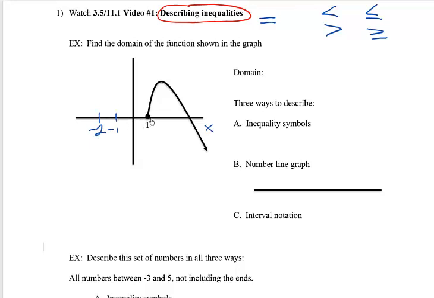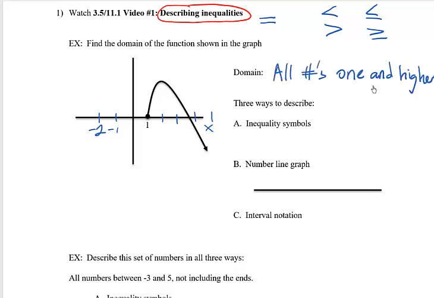The graph doesn't start until this spot right here, which would be an x value of 1. After that, every possible x value is eventually used, especially because this thing goes on forever in a rightward and downward direction. So I might say the domain is all numbers 1 and higher.